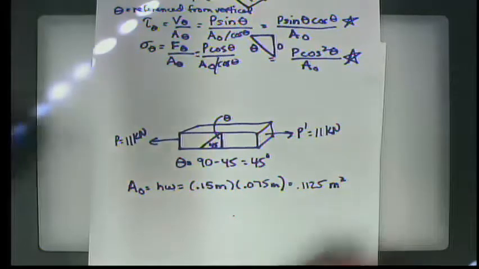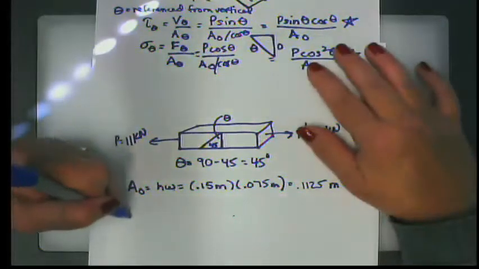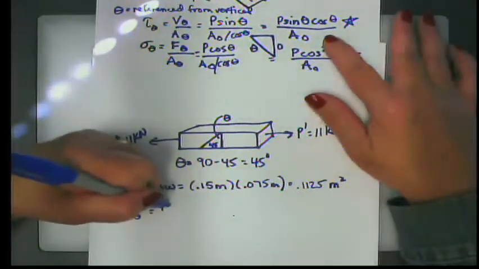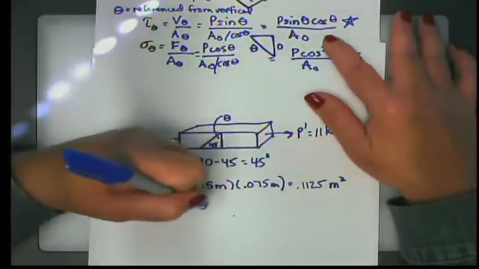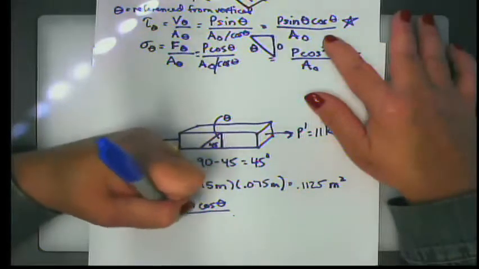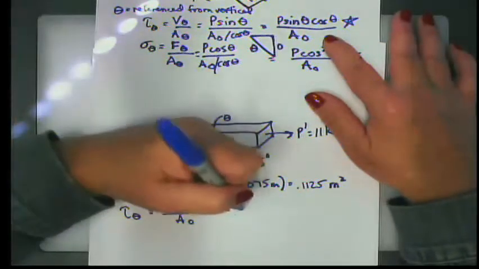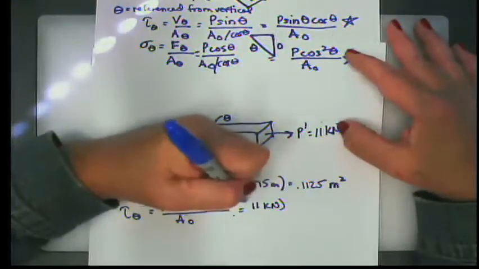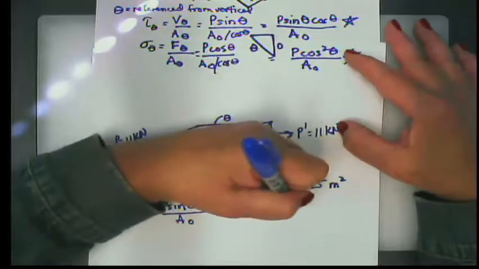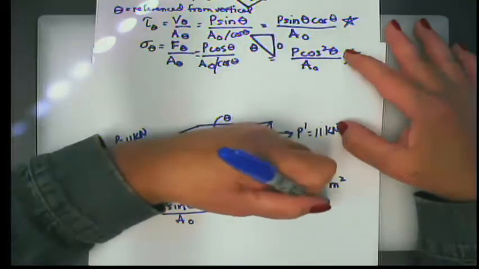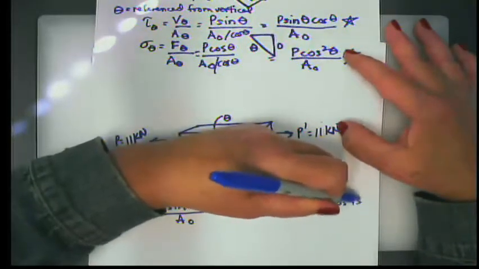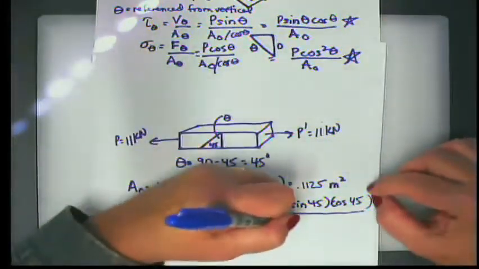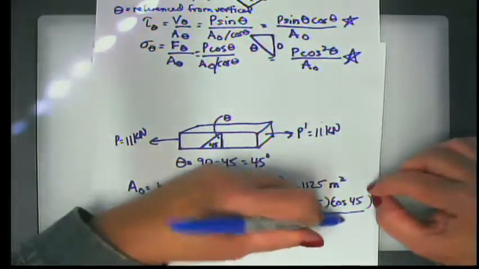All right. So now I can say tau sub theta is equal to P times the sine of theta times the cosine of theta over A sub 0. My P value is 11 kilonewtons times the sine of 45 times the cosine of 45 divided by my A sub 0, which is 0.01125 meters squared.